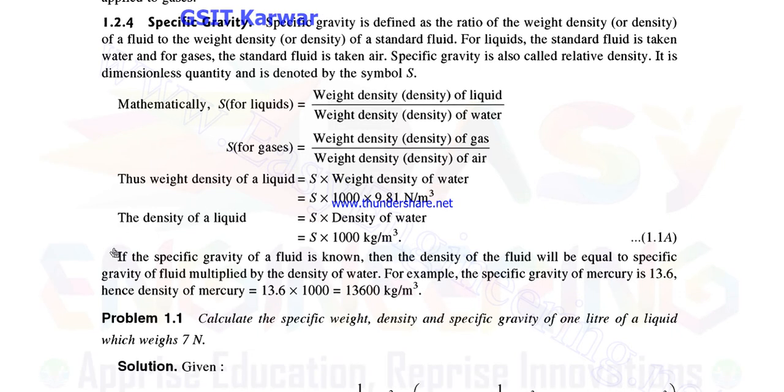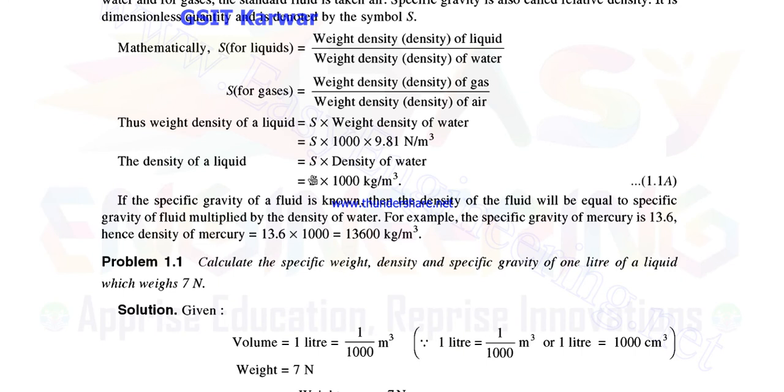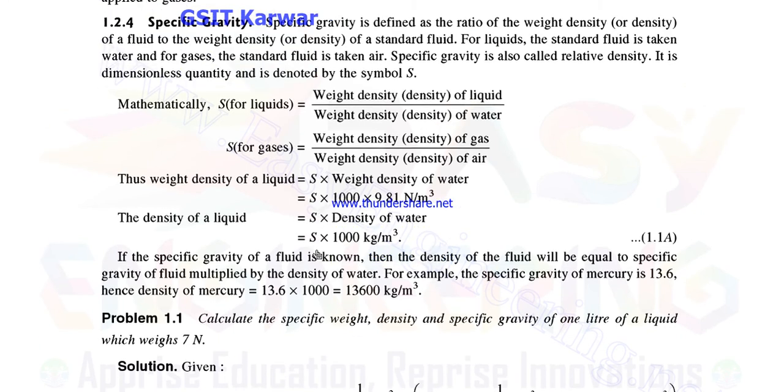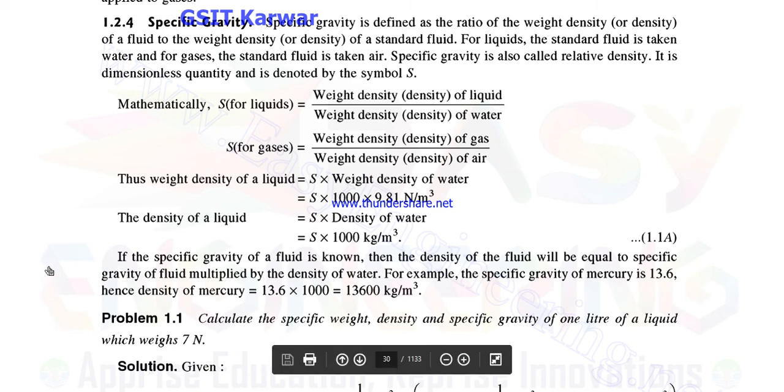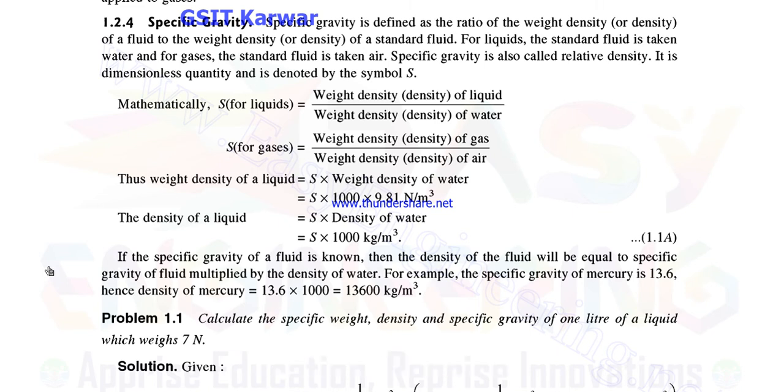The density of a liquid is equal to specific gravity into density of water. Density of water is 1000 kg per meter cube. If the specific gravity of a fluid is known, then the density of the fluid will be equal to specific gravity of fluid multiplied by the density of water.